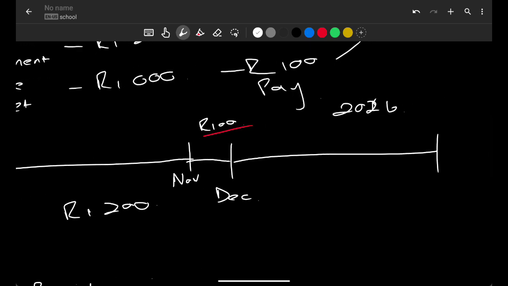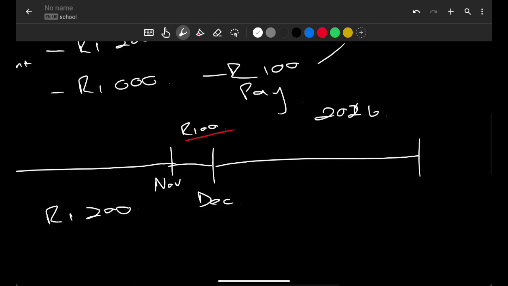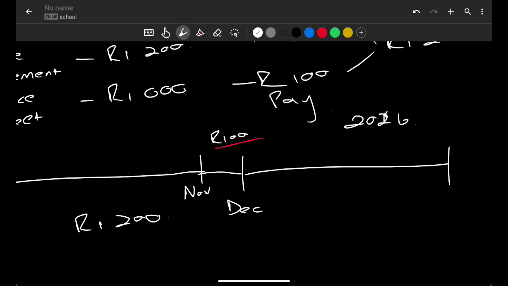So when that period of time comes, I do not have that income for December, so I will not be able to pay that. But come the new year, come 2026, I am going to have to pay that extra 100 Rand in addition to the 100 Rand that I'm supposed to pay for January.